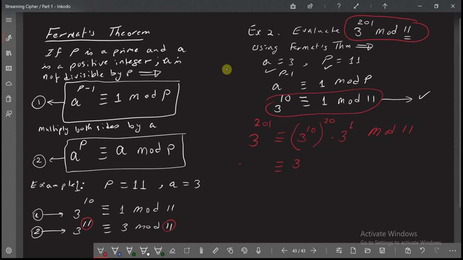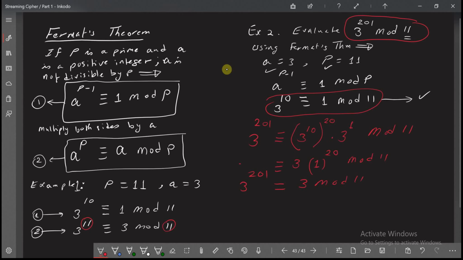If you have 3 to the power 10, 3 to the power 10 is equal to 1 mod 11, so basically this is equal to 1 to the power 20, and of course this is mod 11, and the result is going to be equal to 3 mod 11. So 3 to the power 201 is equal to 3 mod 11.